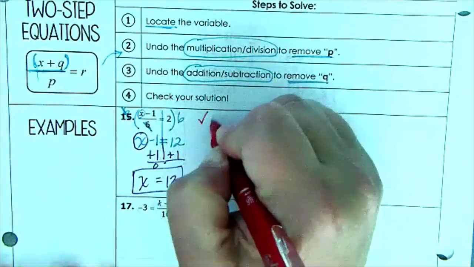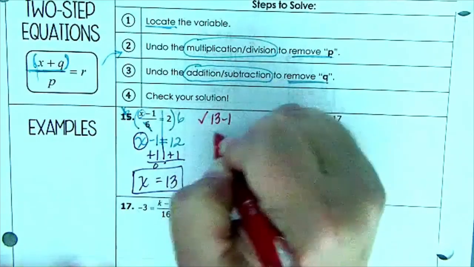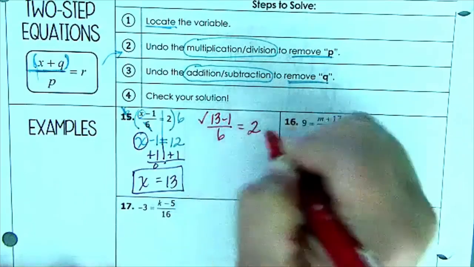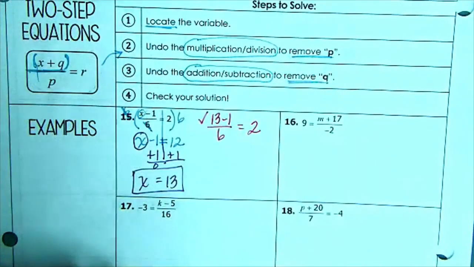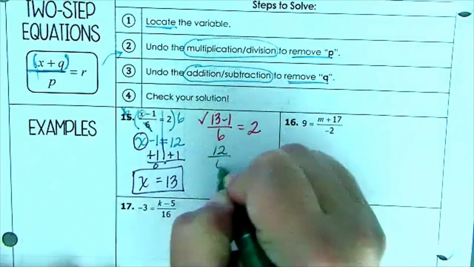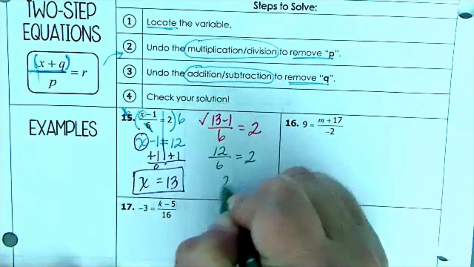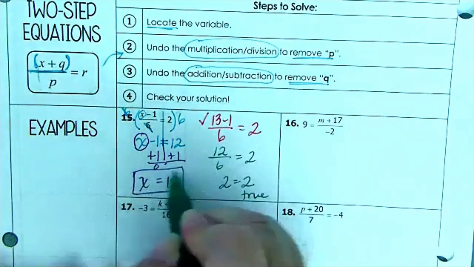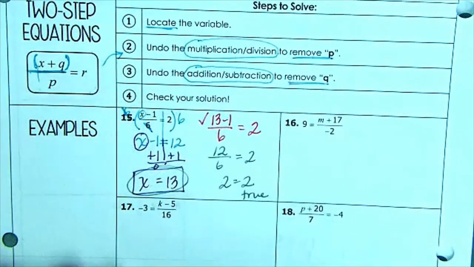So I'm going to have 13 minus 1 all over 6 equals 2. And now I simplify. 13 minus 1, that's 12 over 6, 2. 2 equals 2. This is true. So therefore, this is the correct answer.